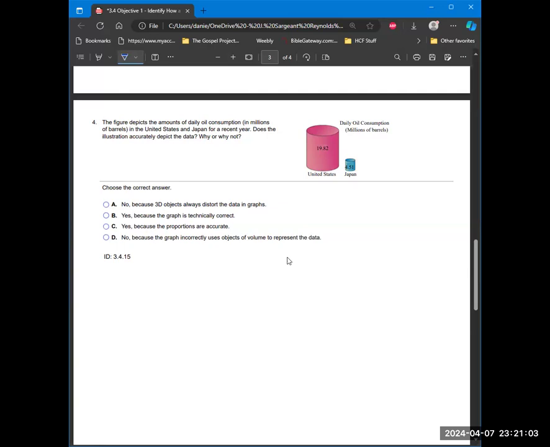So we have the values here of 19.82 millions of barrels, and this says 4.51. And these are supposed to be 3D objects here where we would imagine that we're talking about volume here that's 3D.